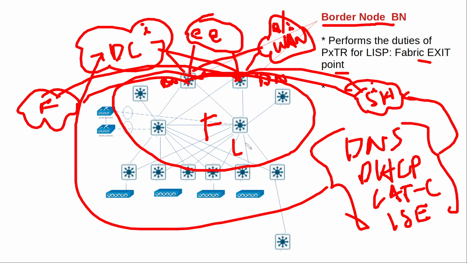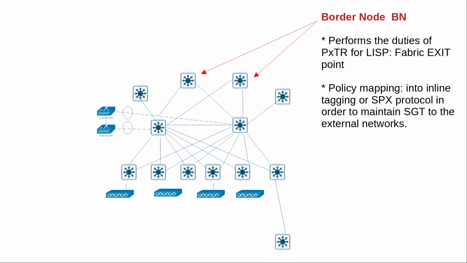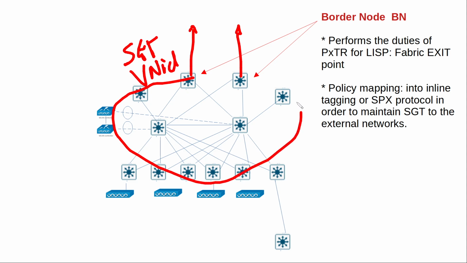And given we are running LISP in our fabric, these border nodes are performing the functions of PxTRs. So remember, the border nodes are the exit point of your fabric, and they are the PxTRs for your LISP protocol. They are also in charge of maintaining the scalable group tag and the virtual network ID information when traffic goes outside your fabric.